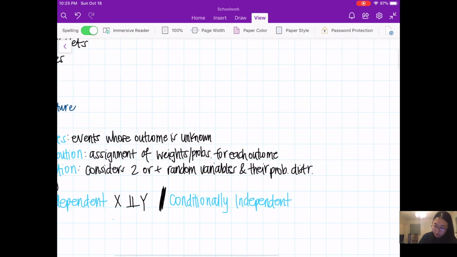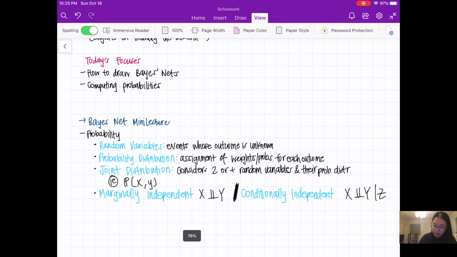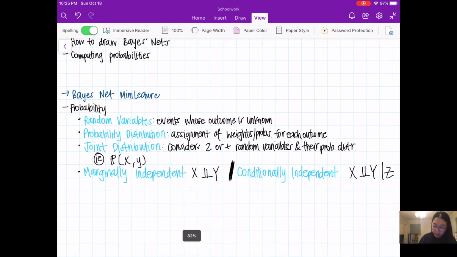Conditionally independent is when two variables are independent given a certain variable, so we can just say given z. So these are terms that we want to keep in mind in regards to probability.